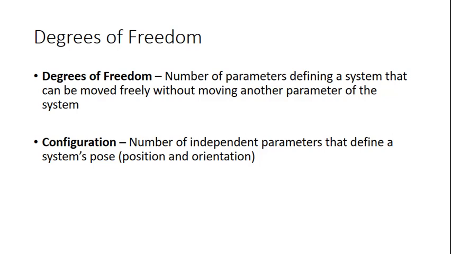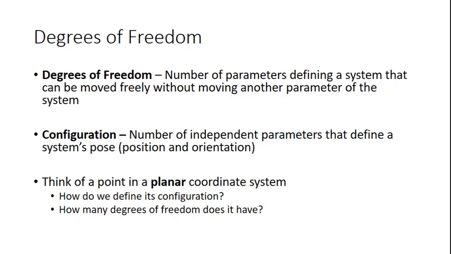A configuration of a system is like a vector that gives us all the values that we need to compute all the other points in the system. Typically, a configuration is just comprised of the values for all of the degrees of freedom, but not always. In robotics, it's not always the case, and when it's not the case, it matters. So I just want to introduce this topic.